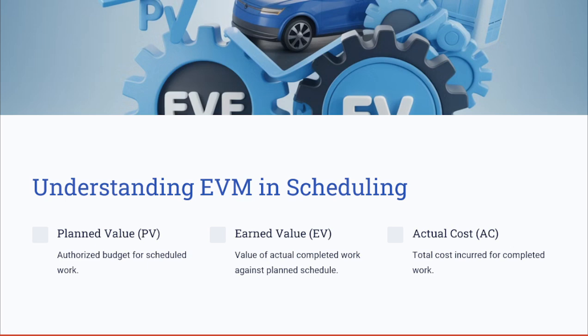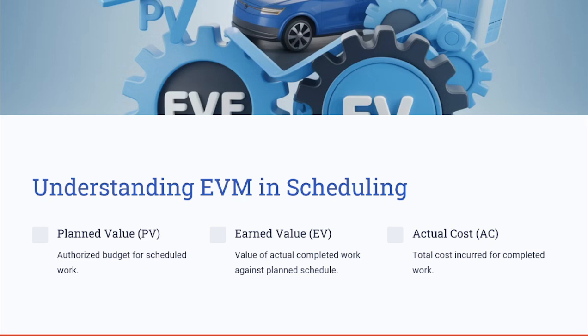And how do we interpret the results? Again, when the SPI is greater than one, it means that the project is ahead of schedule. Then you as a project manager have nothing to do because your project is ahead of schedule.